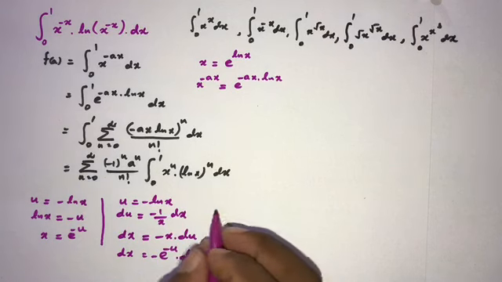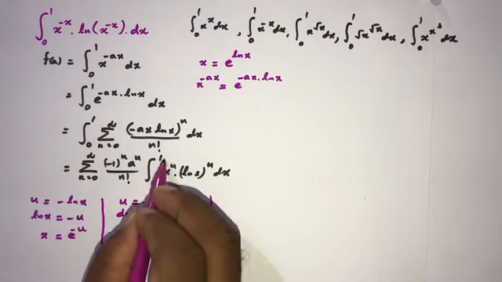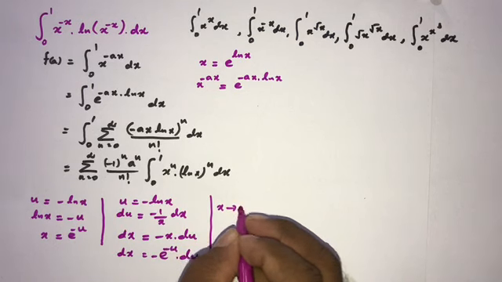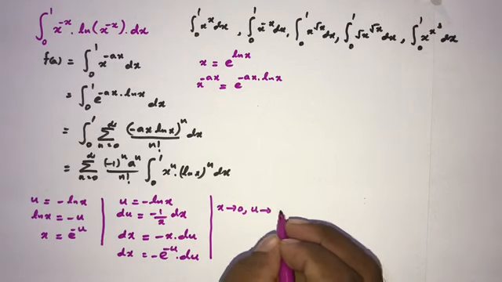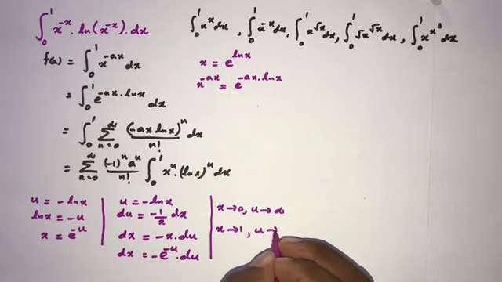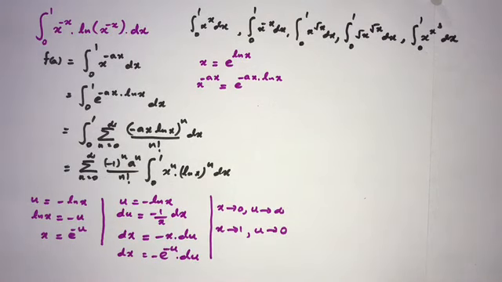Okay, then we should change the lower limit and upper limit. We know when x approaches 0, u approaches infinity. For the upper limit, when x approaches 1, u approaches 0.